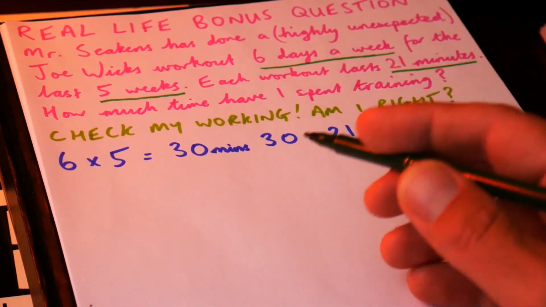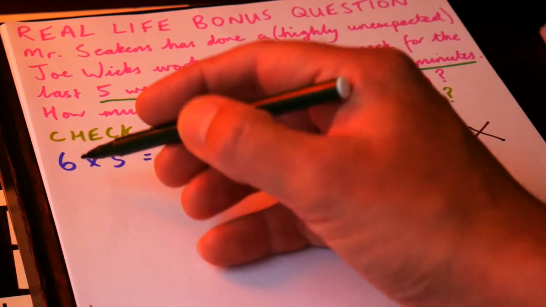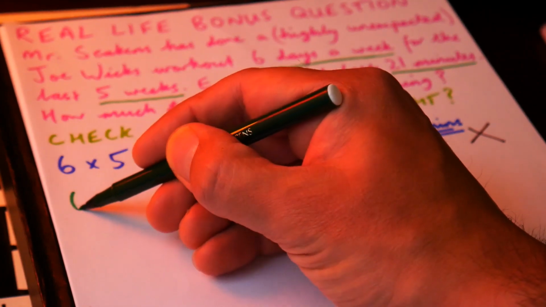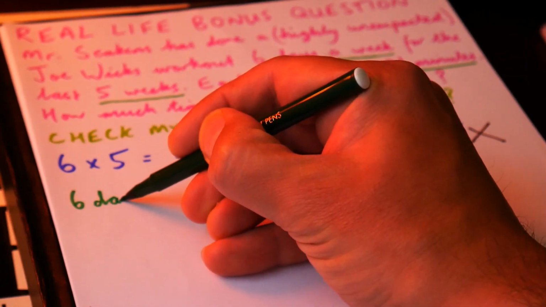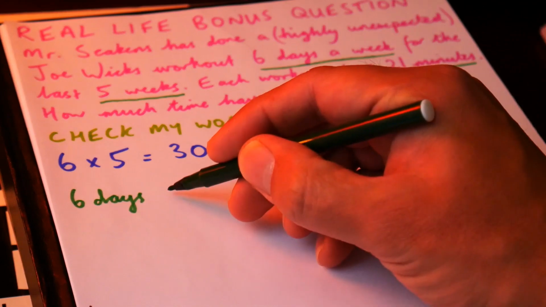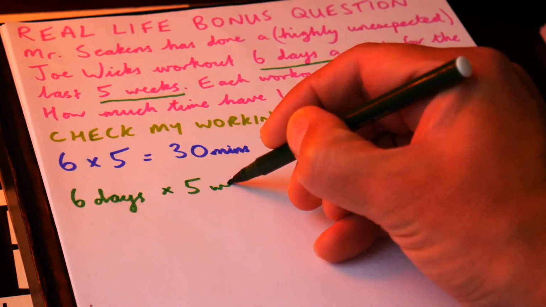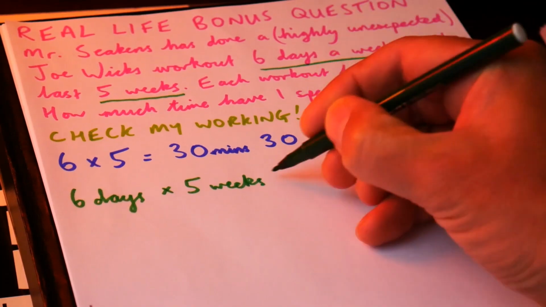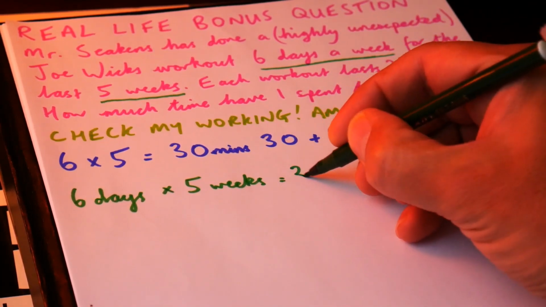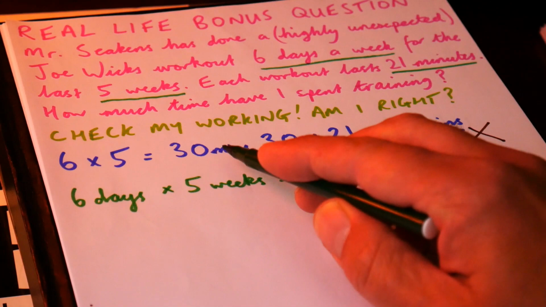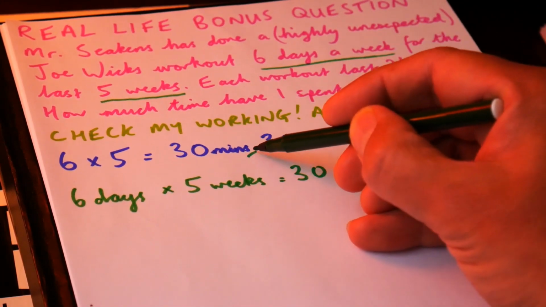So 6 days a week for 5 weeks. So 6 days a week times 5 weeks gives us 30. But it doesn't give us 30 minutes, does it? That was wrong, the person.